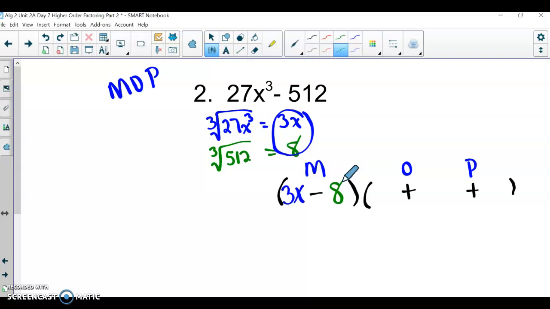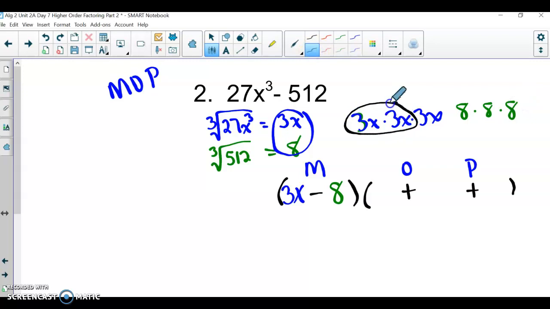And then, what do we do from here? We write 3x 3 times. So 3x times 3x times 3x. We also write our 8 3 times. Group them in pairs of 2. So here's my first pair. 3x times 3x, that is 9x squared.